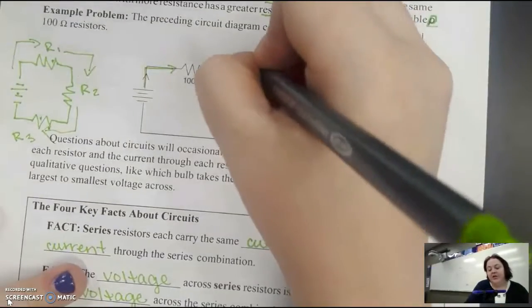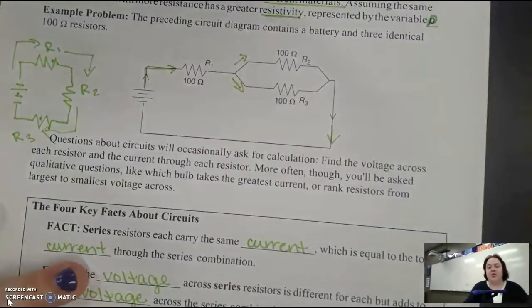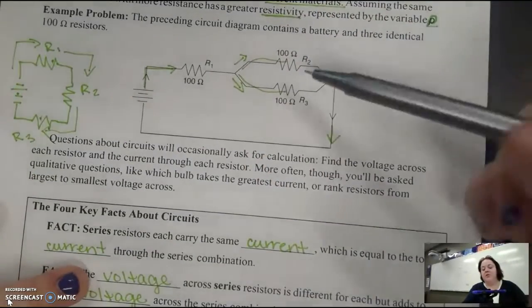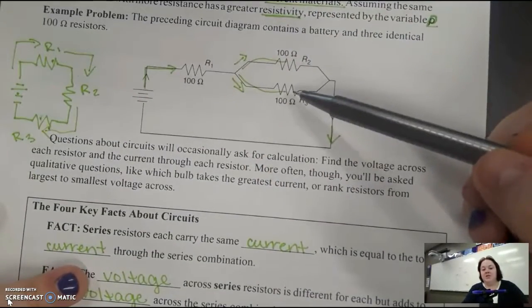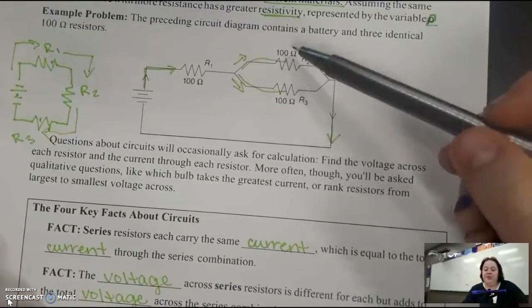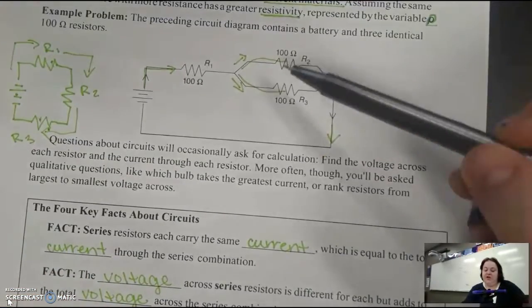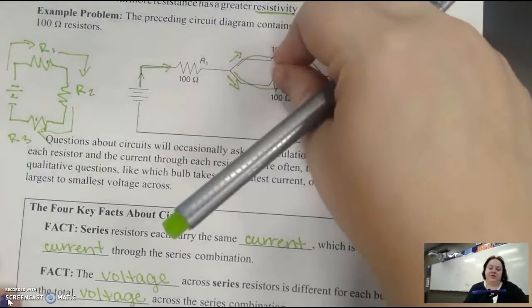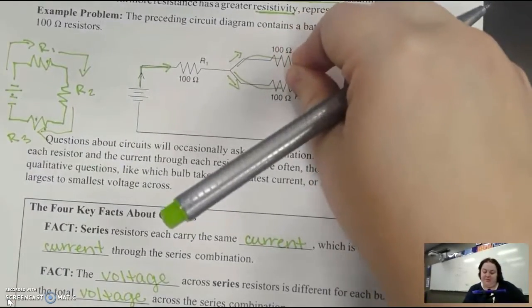Parallel is when current has a choice. Like here, it can choose to go this way, it can choose to go this way. For these, there's going to be the same amount of voltage for each path. And they add up to what the voltage of this combined piece would be.